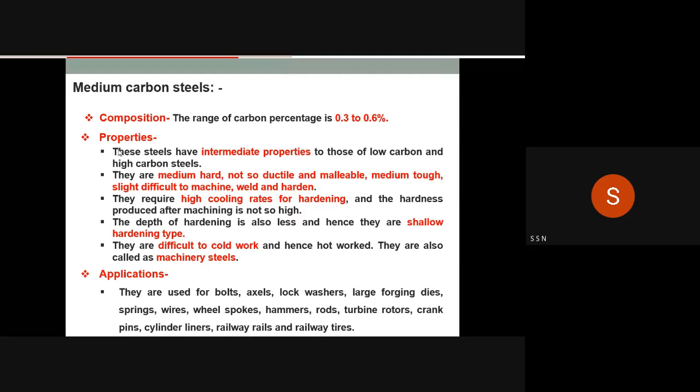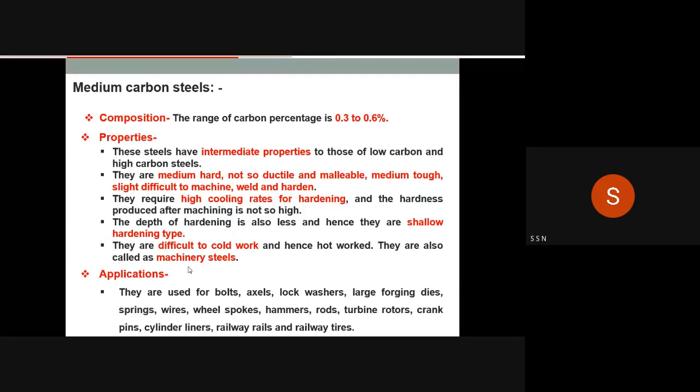Looking at the applications, you may judge why these are called machinery steel, because they are used in the manufacturing of bolts, axles, lock washers, large forging dies, springs, wires, wheel spokes, hammers, rods, turbine rotors, crank pins, cylinder liners, railway rails, railway tires.